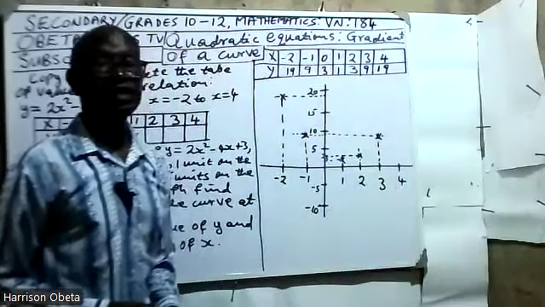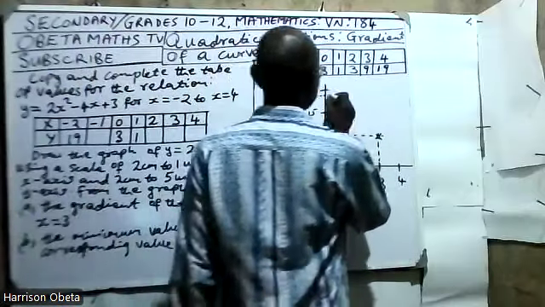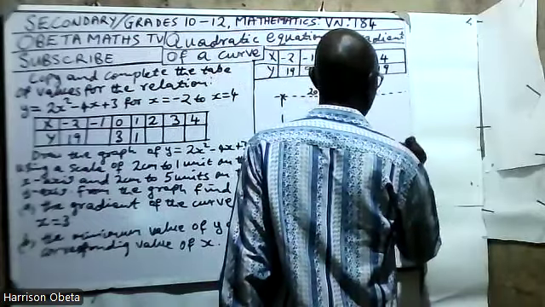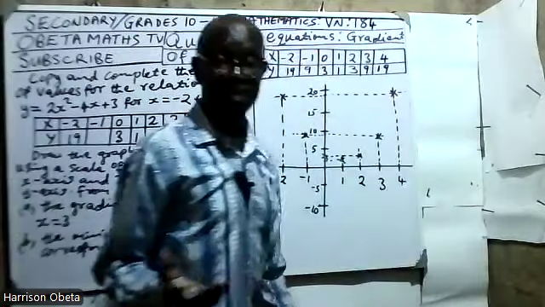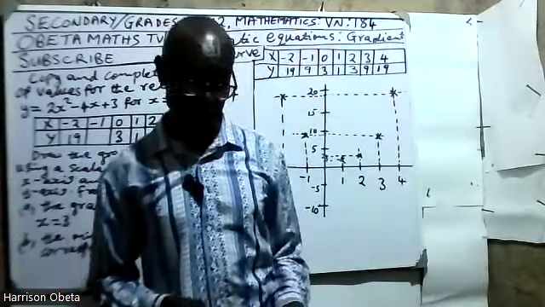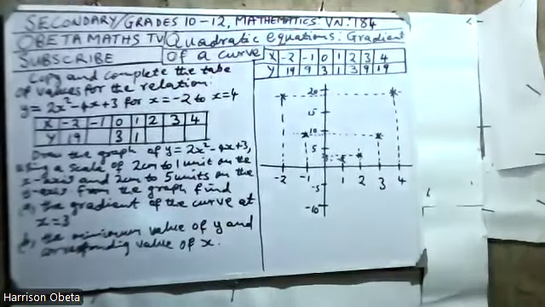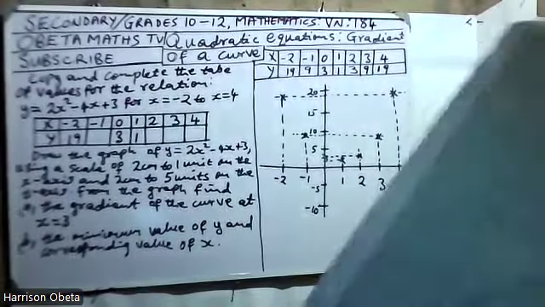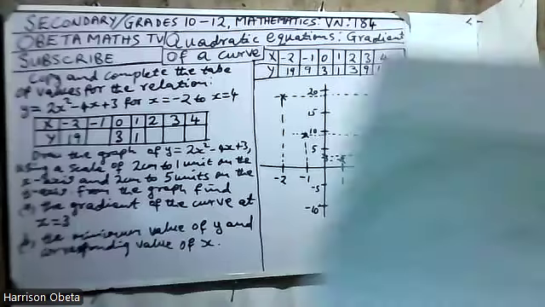And then when x is 4, y is 19, as we can see. And as I said earlier, if you are using your graph sheet, you are going to have accurate values. For instance, I have my own here, and that's the graph I have already drawn. So this is the shape of my own.